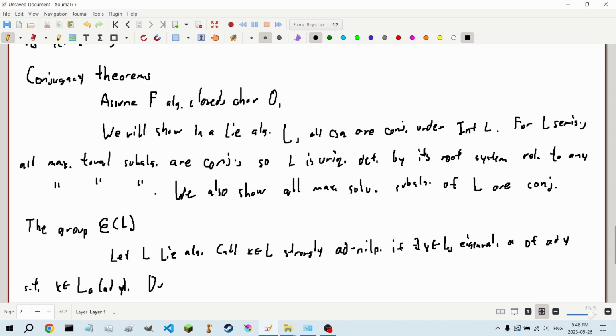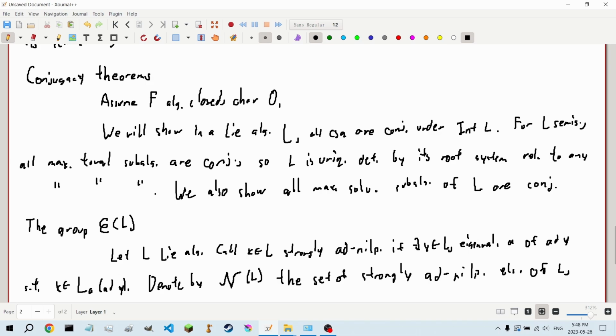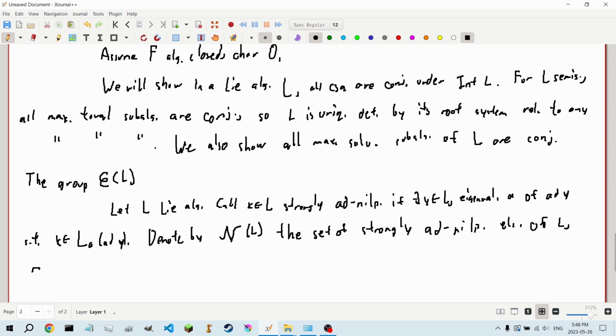Denote by fancy N of L the set of all strongly adjoint nilpotent elements of L, and denote by E of L the subgroup of the inner automorphisms of L generated by the adjoints of X for X being strongly adjoint nilpotent.